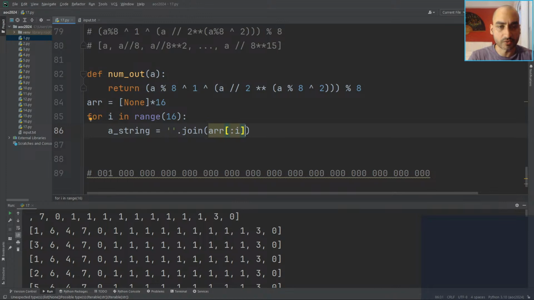So initially it doesn't use any of them. Plus 0, 0, 0. So that's our A string.